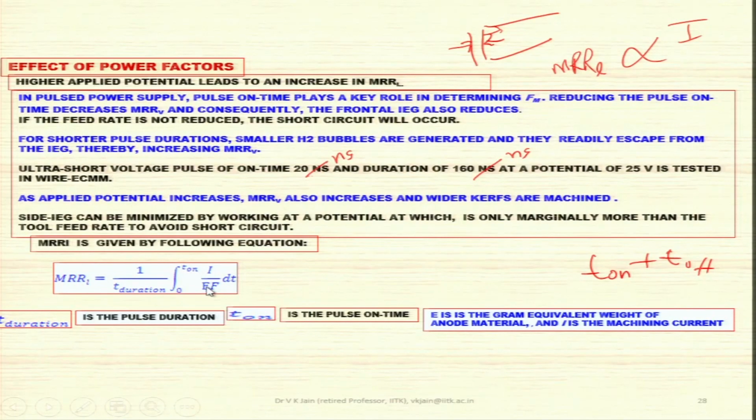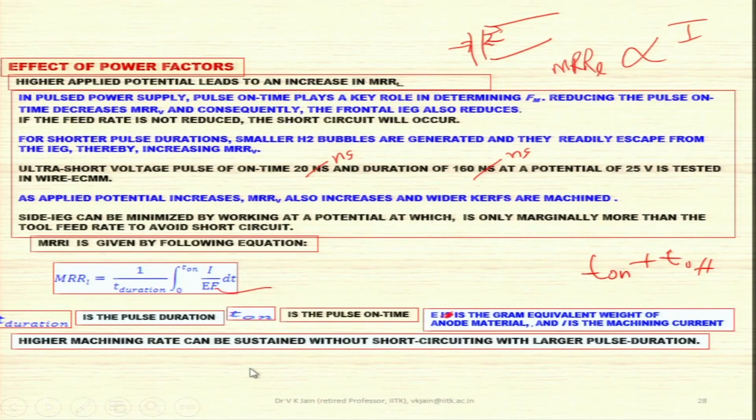I is the machining current, and F is the Faraday's constant, and its value is 96,500 coulombs, we have already seen in the earlier slide. So higher machining rate can be sustained without short circuiting with larger pulse duration.